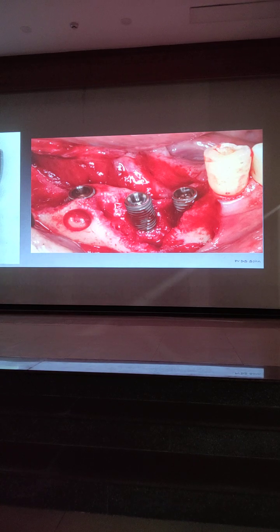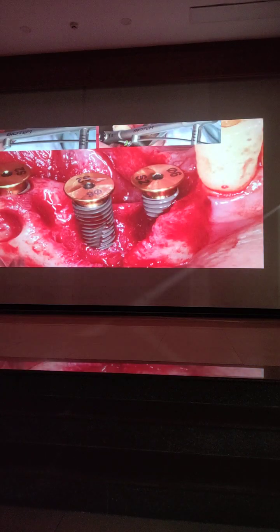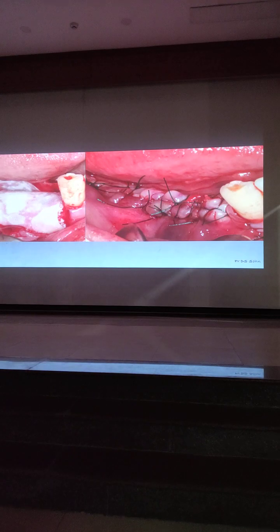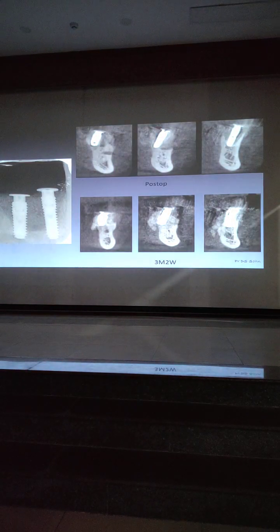The implant was placed simultaneously with the tenting screw, and good stability of the implant was achieved. Silver membrane, which was 3 months, 2 weeks healing.